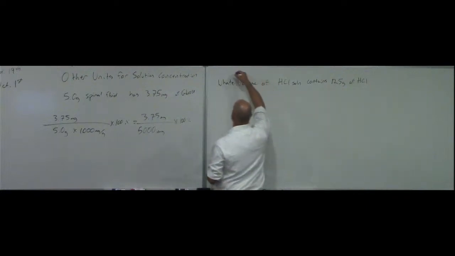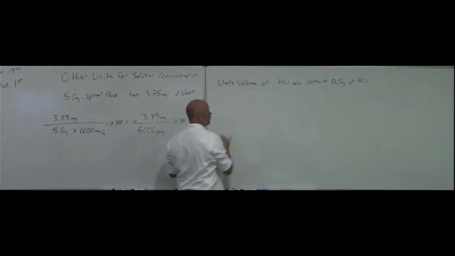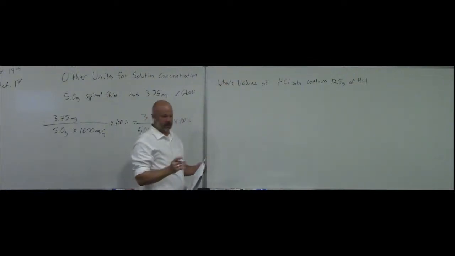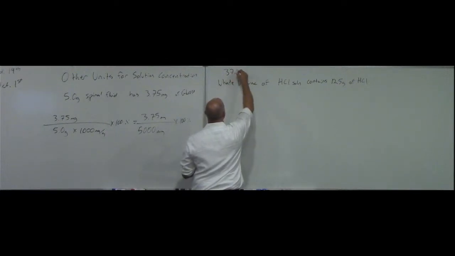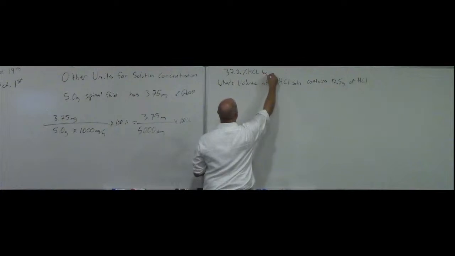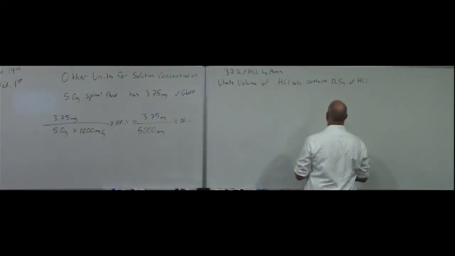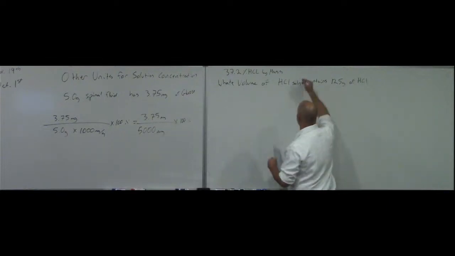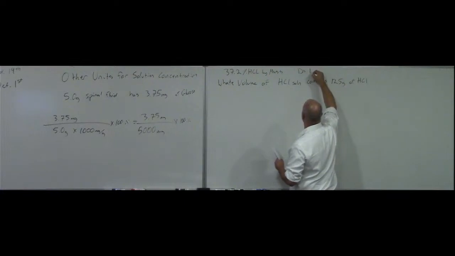So what was my percentage concentration? 37.2. Okay, so 37.2% HCl by mass. All right, and the other thing that we had was density, right? Density equals 1.19 grams per milliliter. Okay, good.